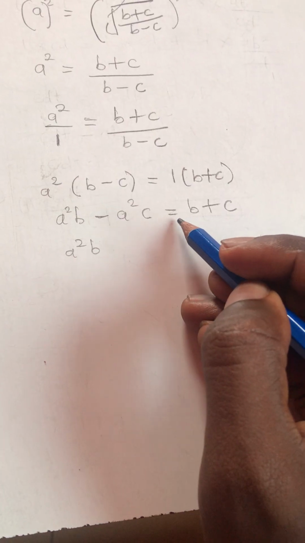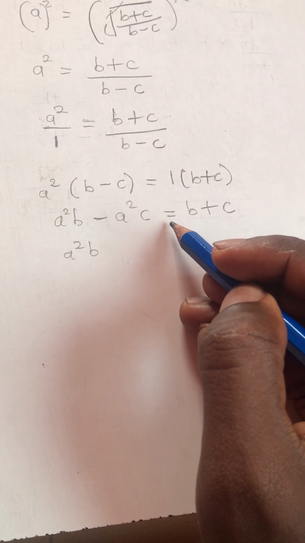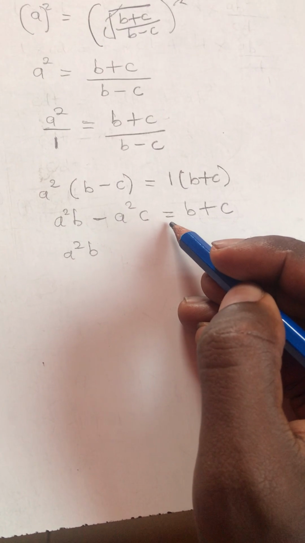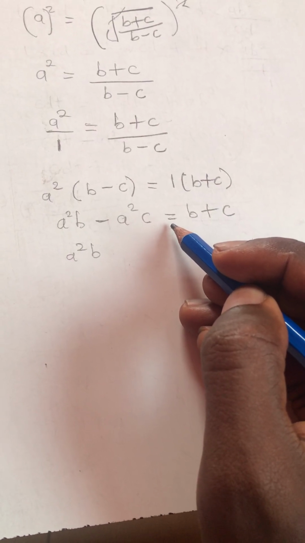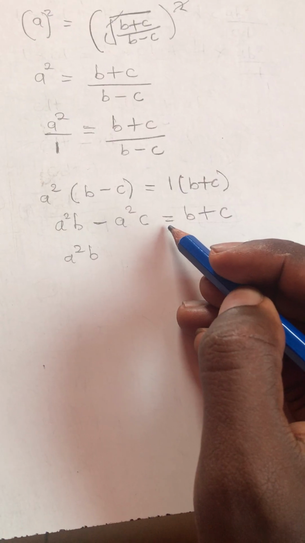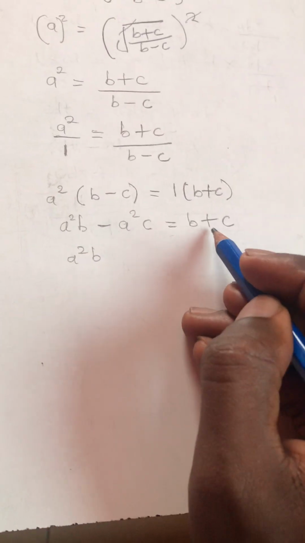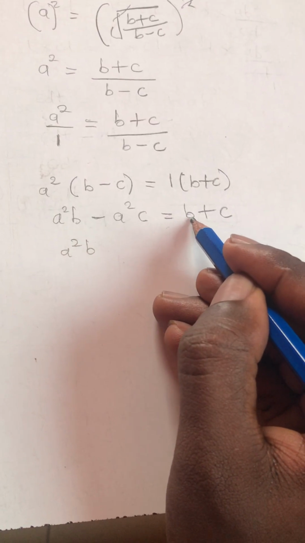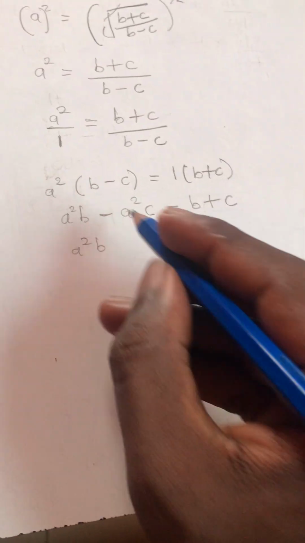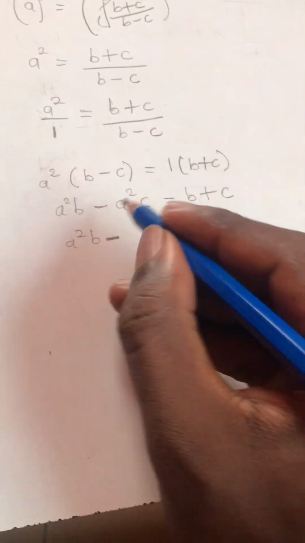Because it's a positive number, whenever you move any variable across an equal to sign in an equation like this, it changes its form to become a negative number. So b here would cross the equal to sign to become a negative b.